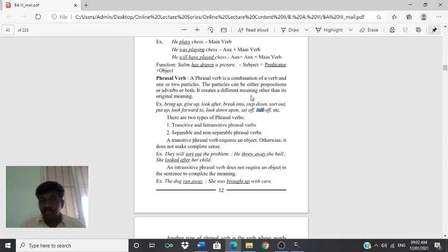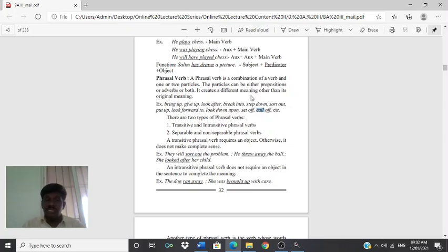So these phrasal verbs also have two types. One is transitive and intransitive phrasal verbs, and second is separable and non-separable phrasal verbs. What is a transitive and intransitive phrasal verb? We will understand it in detail. A transitive phrasal verb requires an object. कर्मणी, आपण त्याला मराठीत म्हणतो कर्मणी क्रियापद, की ज्याला कर्म लागतं त्याला कर्मणी क्रियापद म्हणतात.